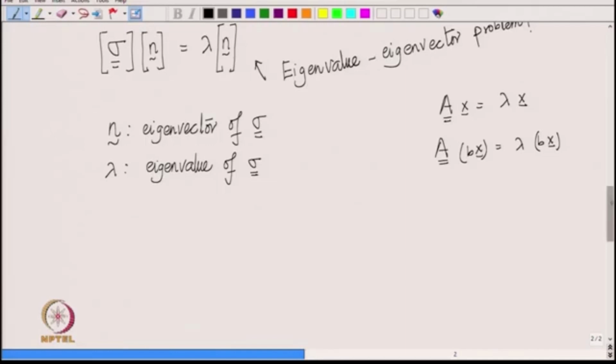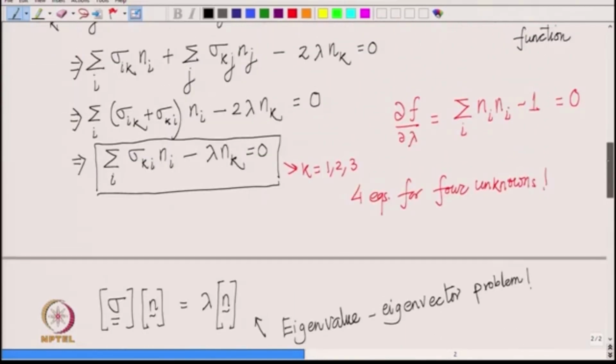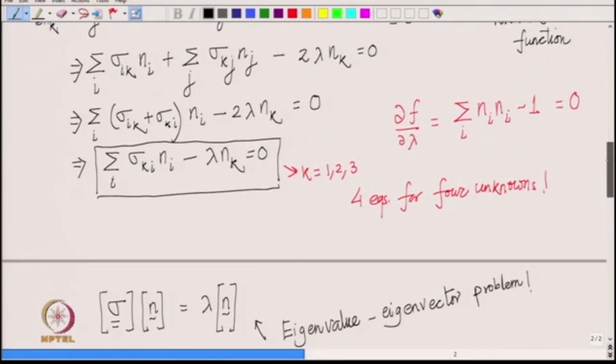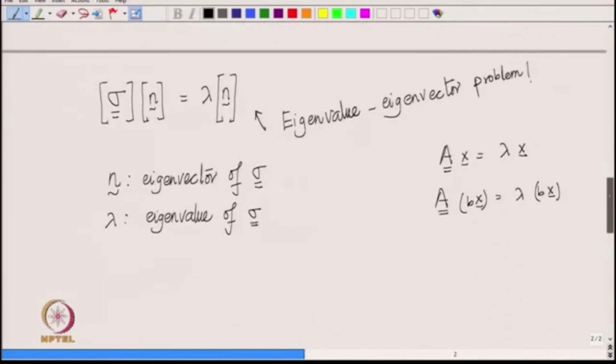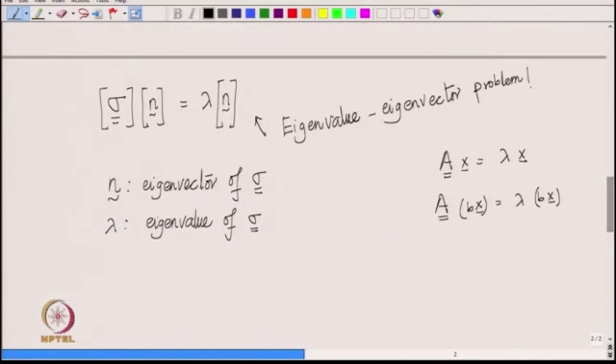But then the fourth equation tells us that the magnitude has to be 1. So, that sets the solution basically. So, we have to choose the eigenvector of sigma, but of unit magnitude.